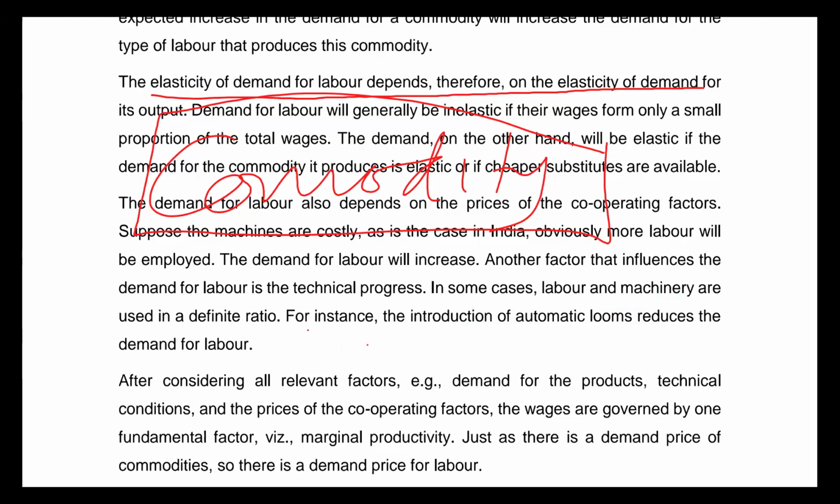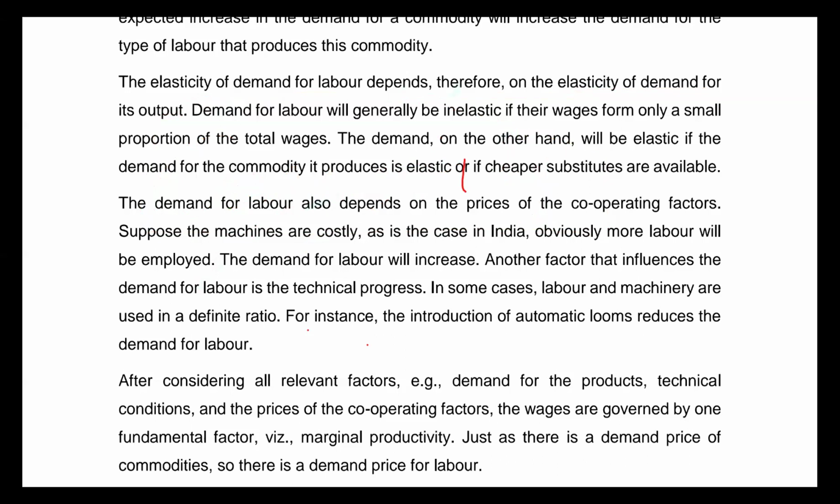Okay, so this is very important for you to notice. But when you are producing a commodity whose demand is not inelastic, you find that even the demand for the labor used to produce that particular commodity will be elastic. So the demand for labor also depends on the price of the cooperating factors, you know.